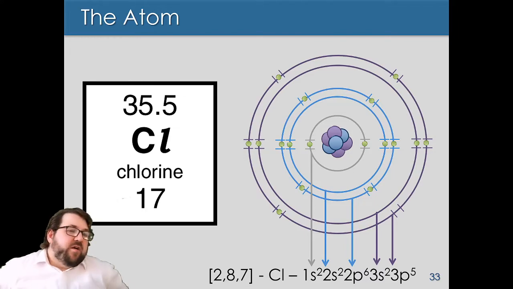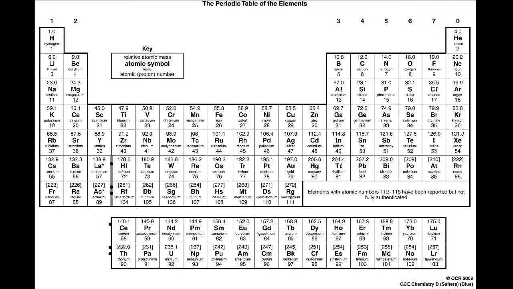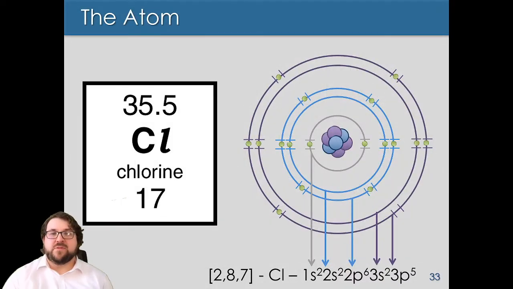So we have a look at chlorine here. Chlorine, if we pop back to the periodic table, is there in group 7, and it's in the third period, so it's 3 rows down. So chlorine must therefore have a simple configuration. If it's the third row, it must have 3 shells, and if it's in group 7, its outermost shell must have 7 electrons, hence 2, 8, 7.